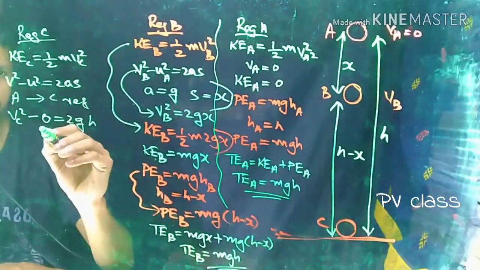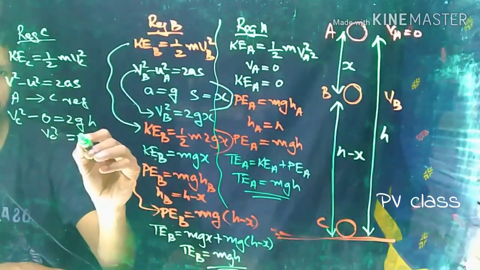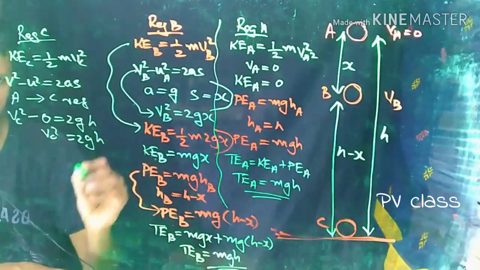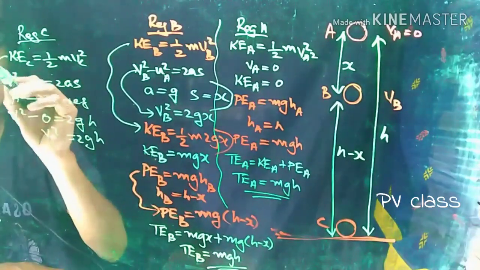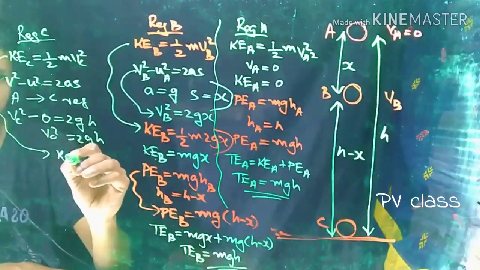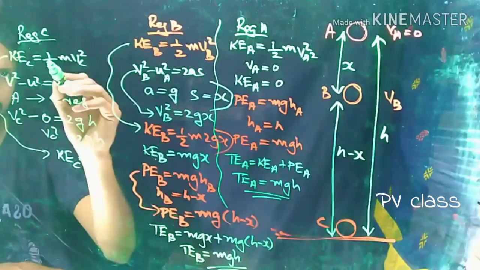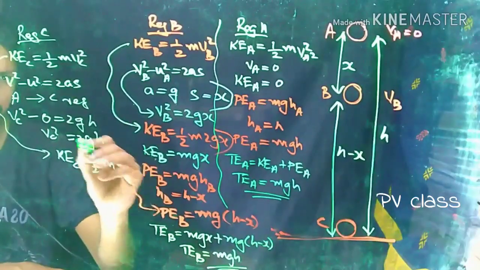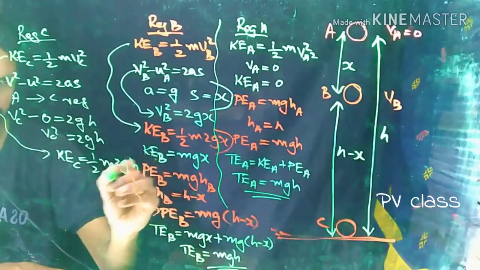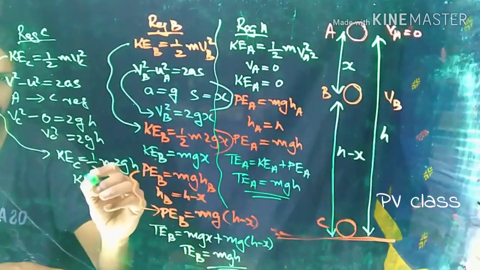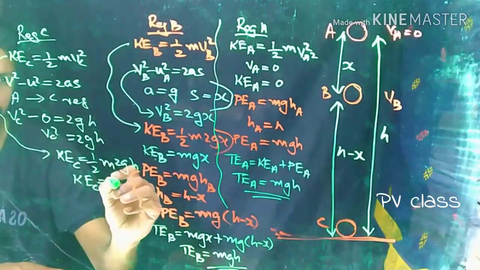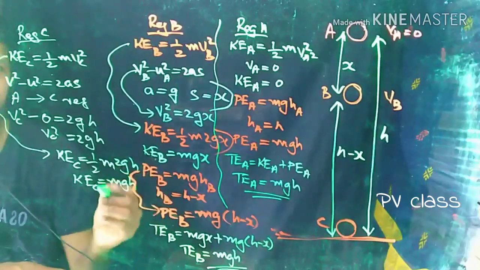Therefore, we are getting Vc square is equal to 2gh. Then kinetic energy at region C will become half m into 2gh. The 2 and 2 get cancelled. Therefore, mgh is the kinetic energy at region C.